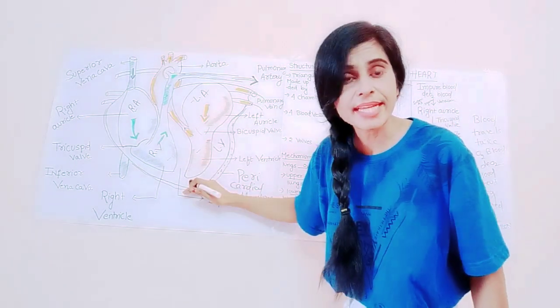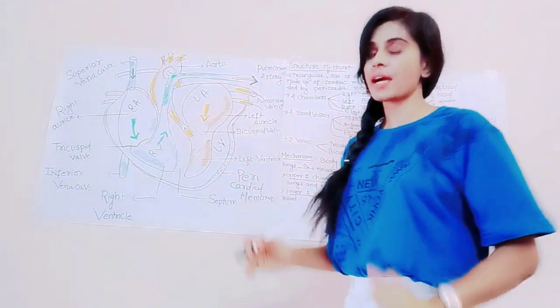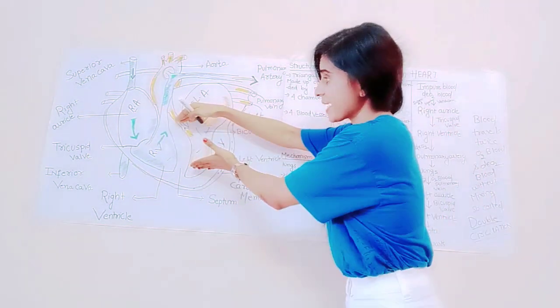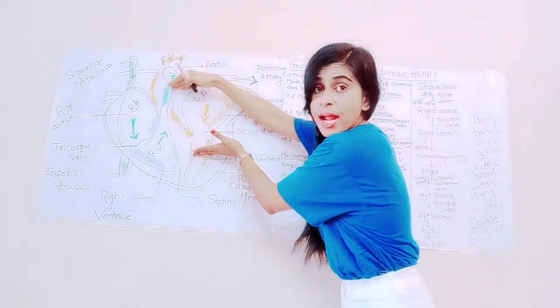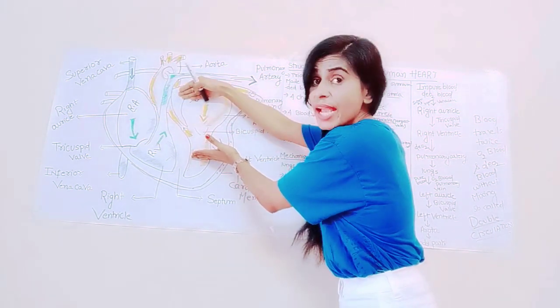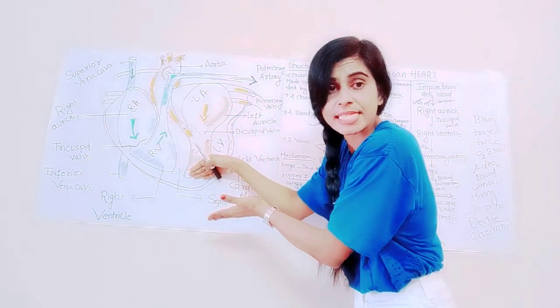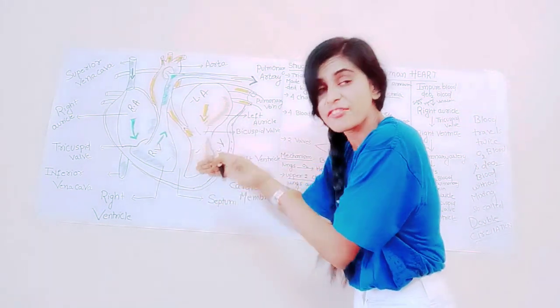Understood? The heart is divided into 2 chambers. What is the upper part called? Auricles. The upper part is called auricles and the lower part is called ventricles.